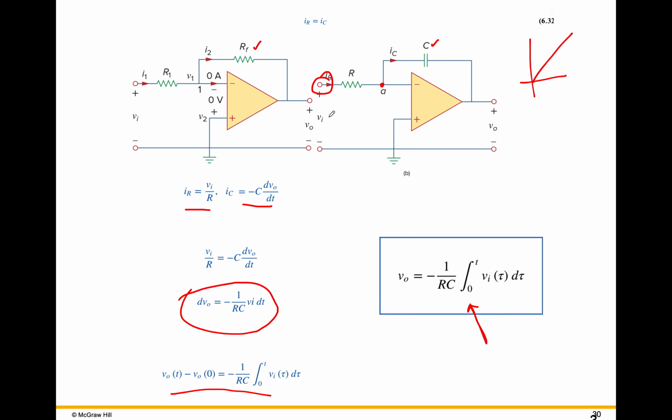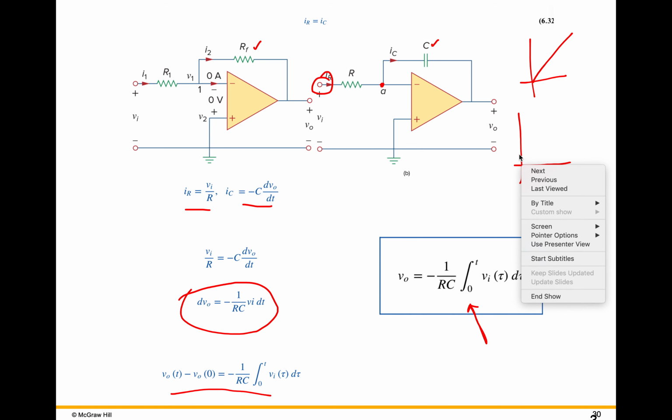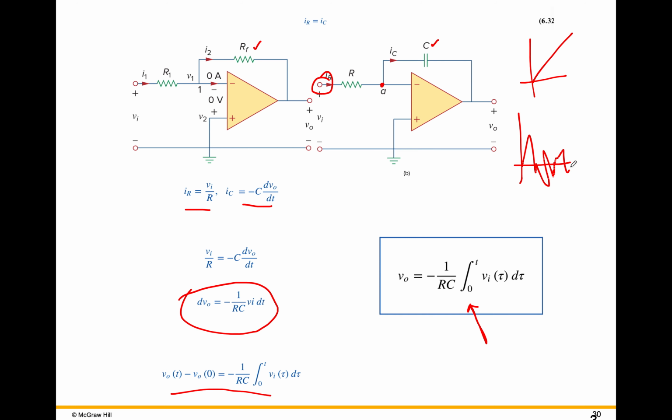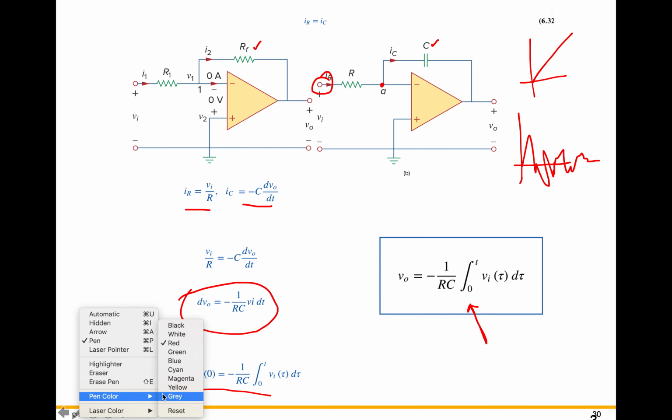On the other hand, if you have an input that's very noisy, let's say your input voltage looks like that, then what the integrator does is it has the effect of smoothing. The reason is that an integral takes the sum of the area, and so that has the effect of making the output look smoother.